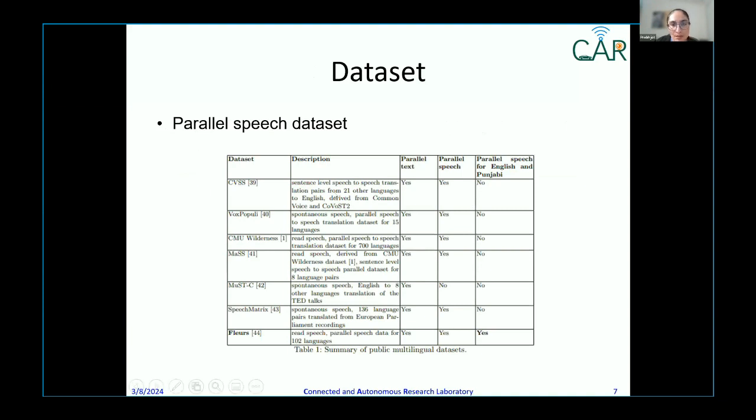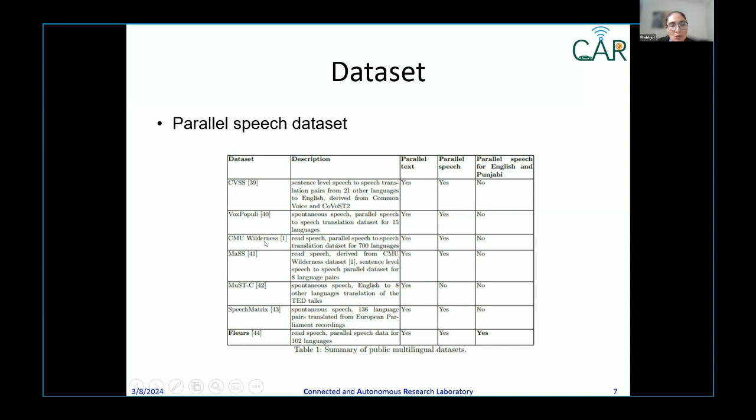In order to train the model, we need a parallel speech data set. We need a data set that contains parallel sentences in the languages of interest, in our case Punjabi and English. Based on the literature survey that we did, there are several data sets out there for multilingual data, like CVSS, all the ones that I mentioned here.